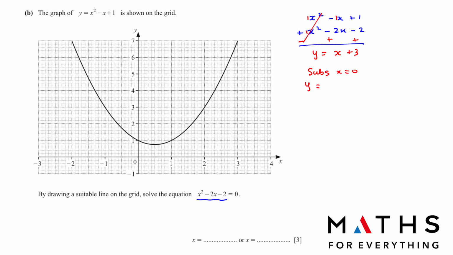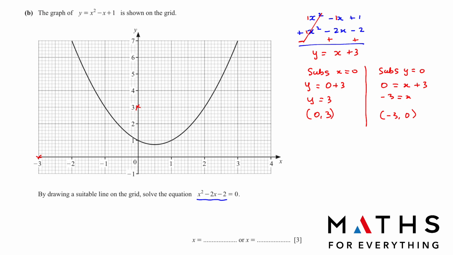So replace the x with 0 and you will get y is 3. This is our one point, 0 and 3. That is on the y-axis. Then substitute y is equal to 0. So you will have 0 is equal to x plus 3. Negative 3 is equal to x. So negative 3 and 0 is this.